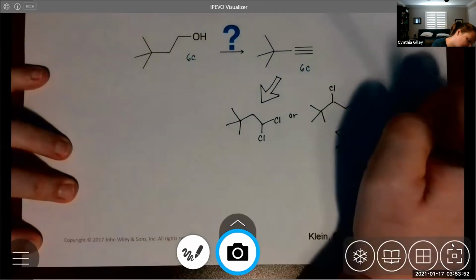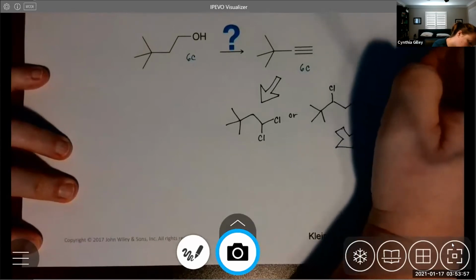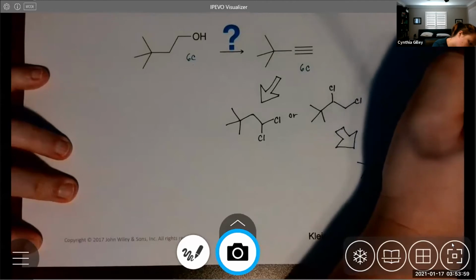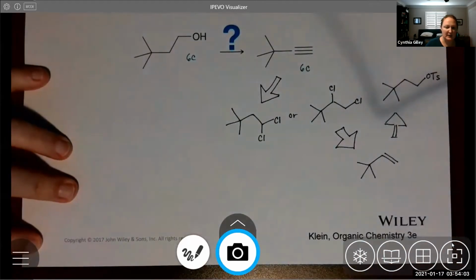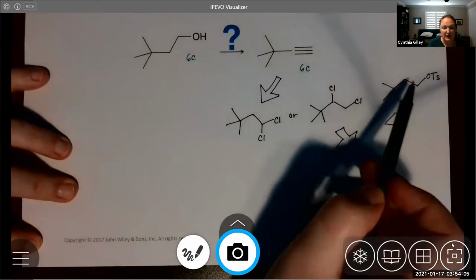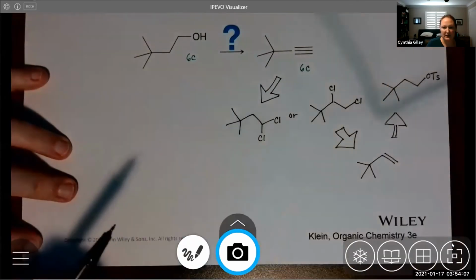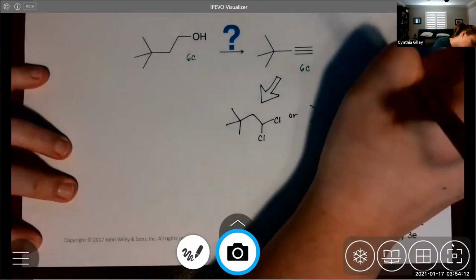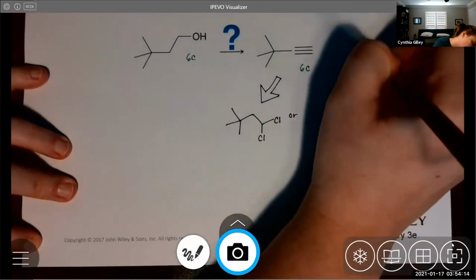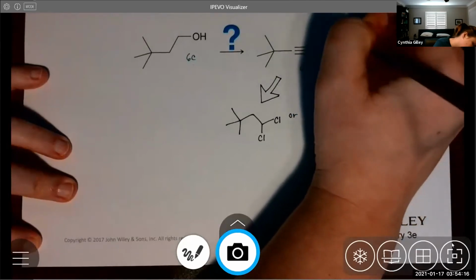It's getting kind of messy, but you can keep going, working my way back to the reagents. Maybe I did an elimination of a tosylate to get to the substrate, and then this would be getting me back to the starting material.